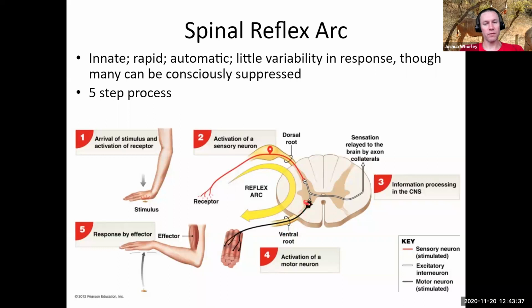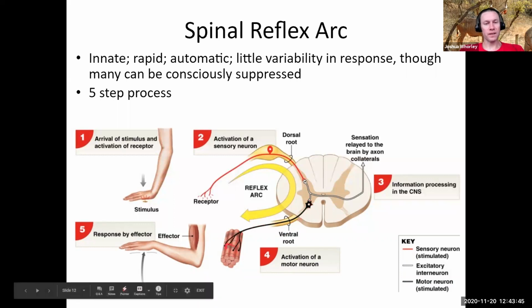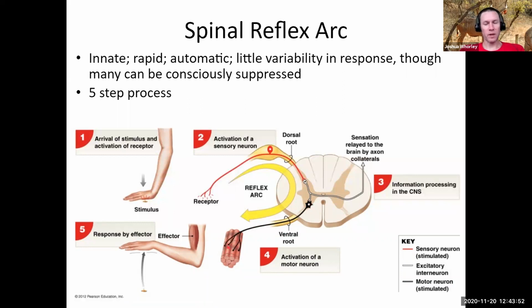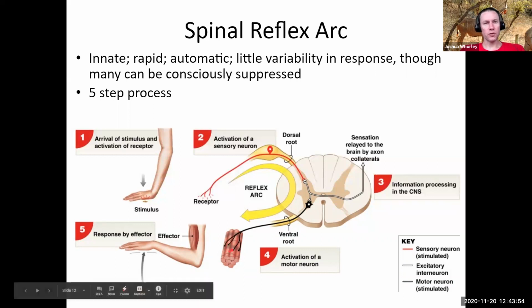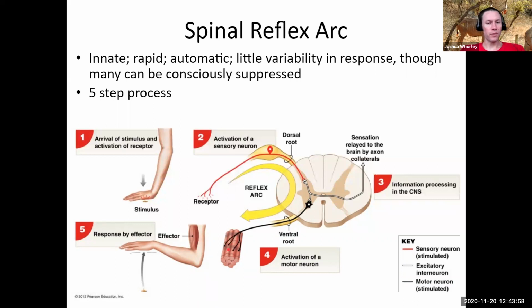So activation of a motor neuron, right? Stimulation of a motor neuron is the 4th step. Then that action potential propagates out. And finally, stimulation and response of the effector. So the excitation-contraction coupling, since we're talking about skeletal muscle here, between this motor neuron and all the muscle cells that it contacts, right?